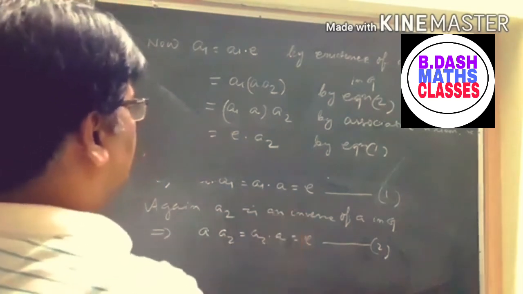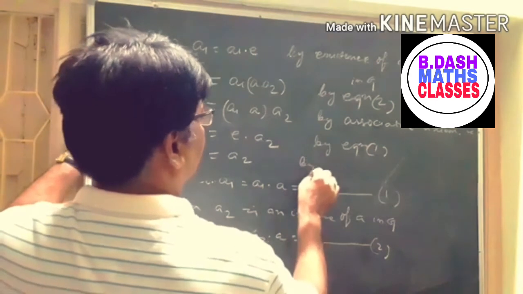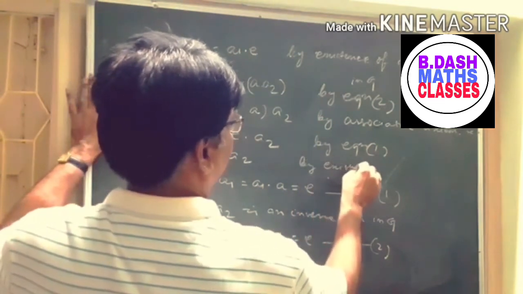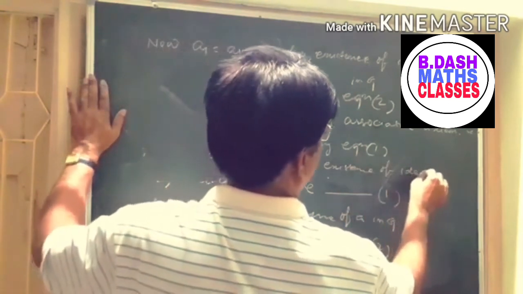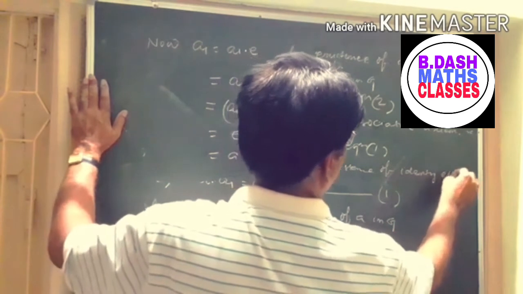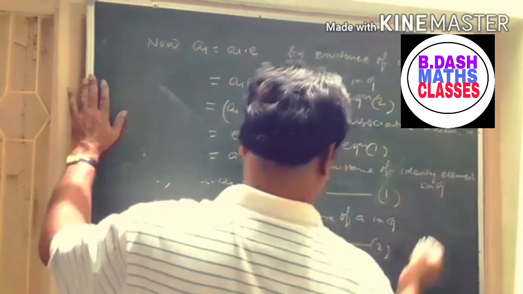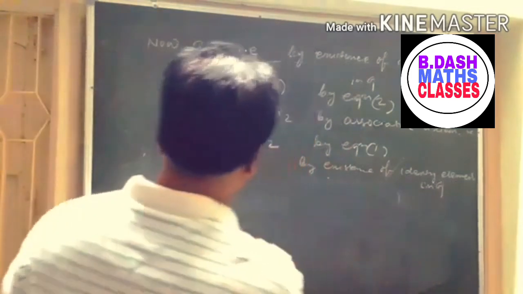A1 A is equal to E. So this gives you A2 by identity element in G. What does this imply?